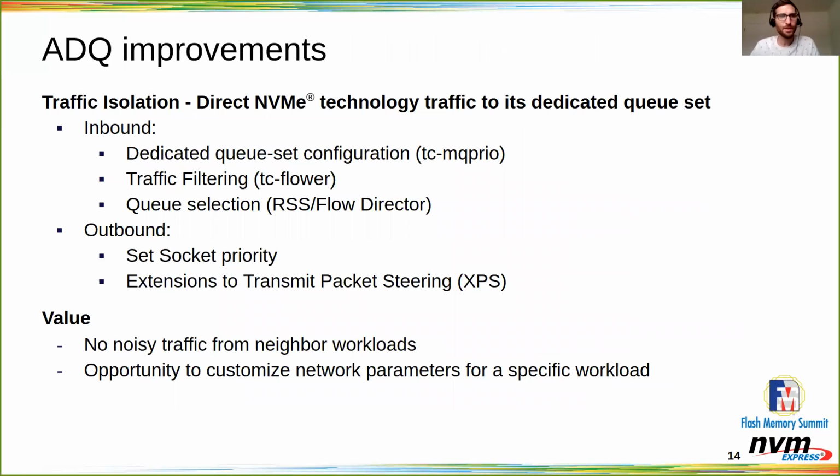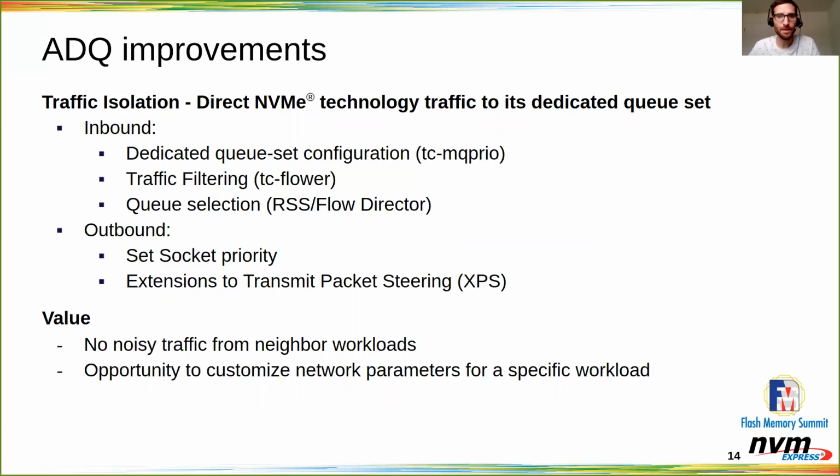Moving forward, of course, the latest E800 series, the latest NIC from Intel, introduced some ADQ improvements. What are the ADQ improvements that are available in general? First of all, traffic isolation: you can associate a specific queue set and configure the NIC so it can steer a specific application workflow to a dedicated queue set that is not shared with other applications on the host.